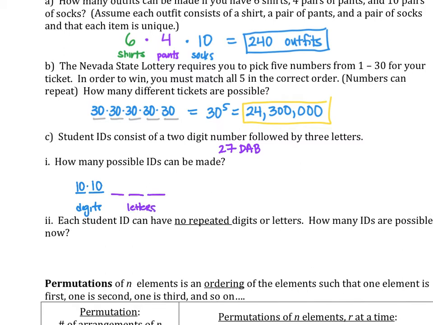If we're talking about the English alphabet, there should be 26 possible letters to pick from for each of these spots. So 10 squared times 26 to the 3rd, when we put it in our calculator, there would be 1,757,600 possible IDs made.